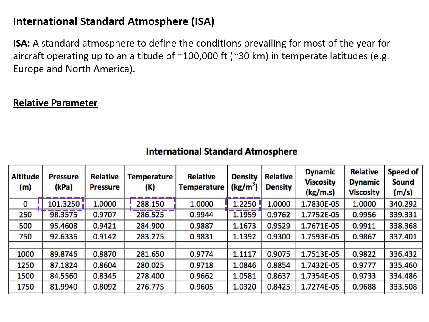So usually we need to remember these sea level parameters. For example, the pressure is 101 kilopascal, the temperature is 288 Kelvin, and the density is 1.225 kilogram per meter cube.